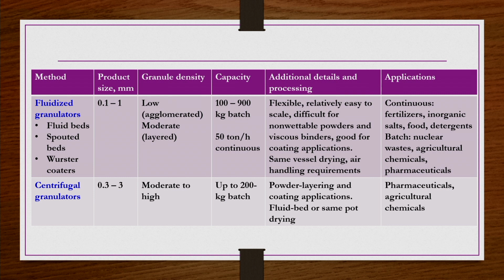Granule density is in general moderate to high. The capacity is up to 200 kg per batch. They are in general used for powder layering and coating applications. For the drying requirement, fluid bed or same-pot drying can be done. We in general find the application of centrifugal granulators in the production of some pharmaceutical chemicals or agricultural chemicals etc.